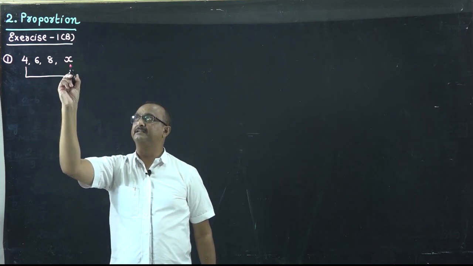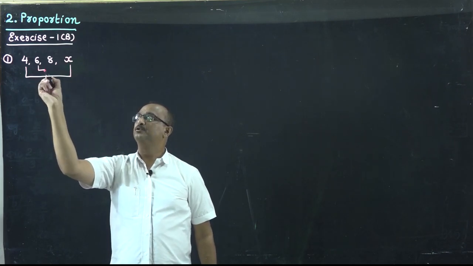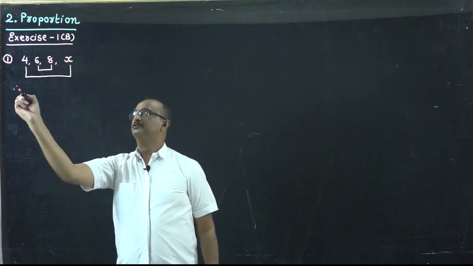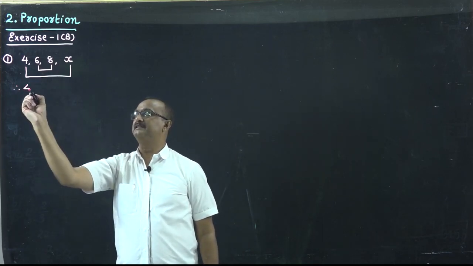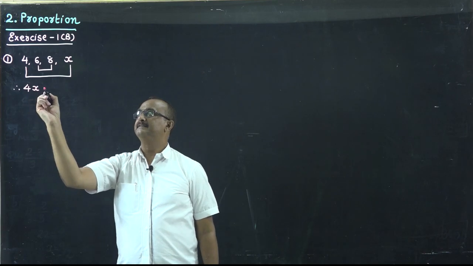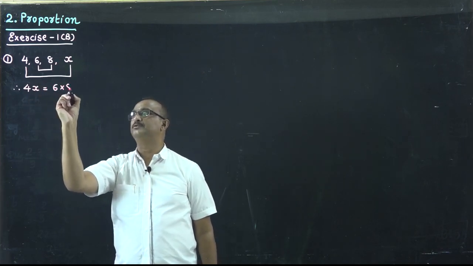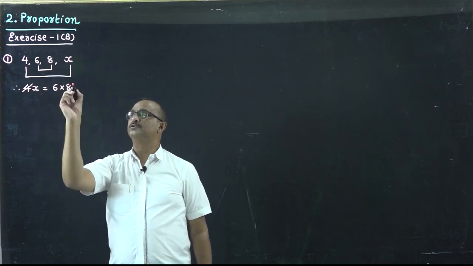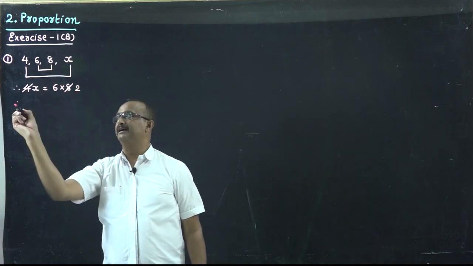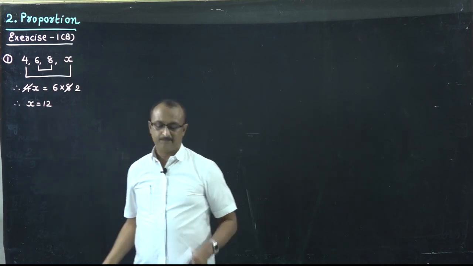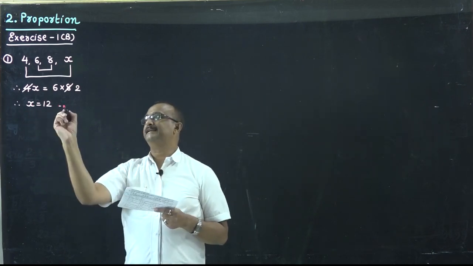Product of extremes is equal to product of means. So 4x is equal to 6 into 8. 4 2s are 8, and our answer is x equal to 12. Option A is correct.